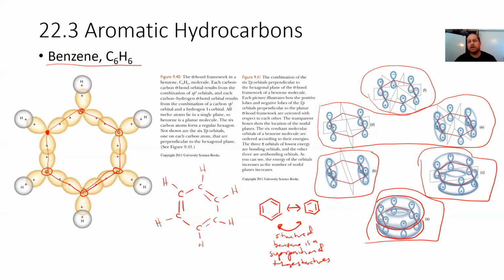Another important part is that the carbon atoms all lie in the same plane. These are all trigonal planar carbons, and if they're all trigonal planar and include at least 3 carbons, then the whole thing is going to lie in the plane, okay? And so aromatic hydrocarbons are very common. They tend to be relatively stable molecules. Benzene's a pretty stable molecule.